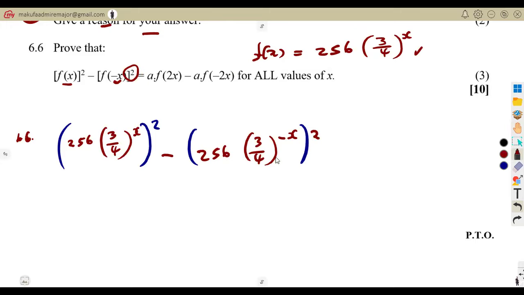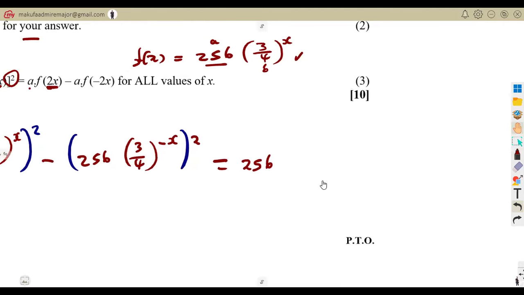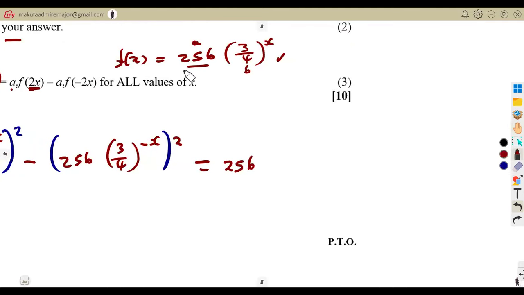You square this. They are saying this must be equal to a times f of 2x minus a times f of minus 2x. Remember, from our simplification, this is our a, this is our b, this is our x. So our a is 256. F of 2x means in place of x that we have, we substitute 2x.